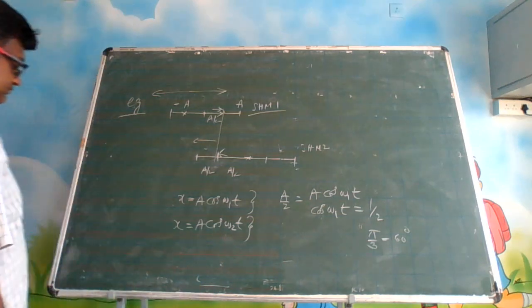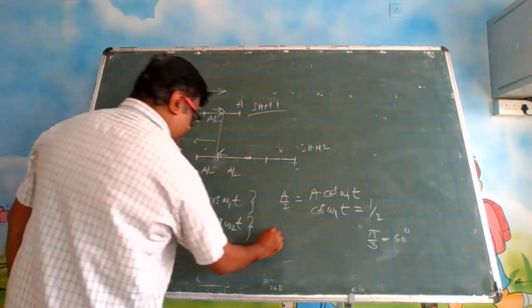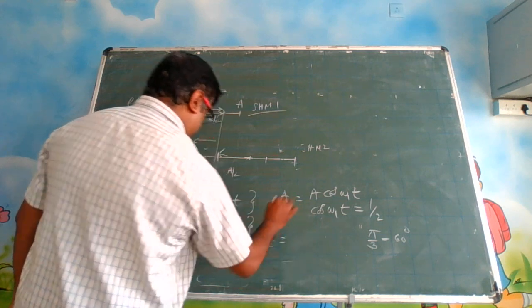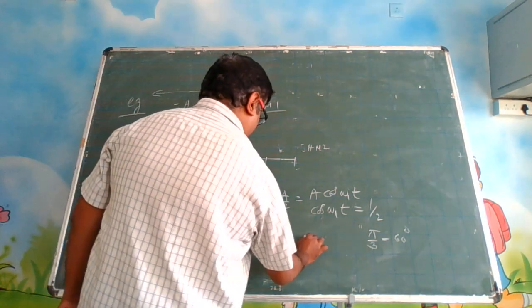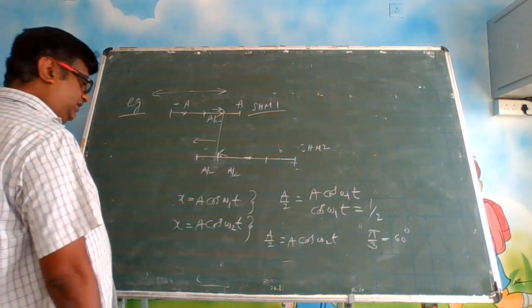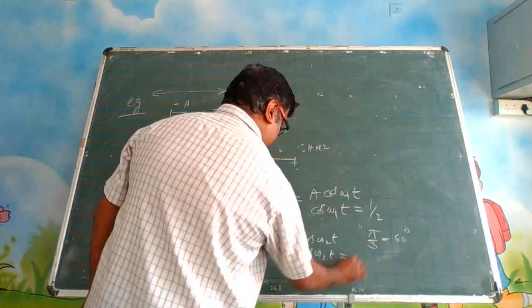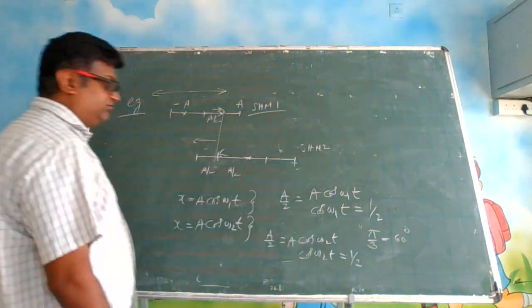Now coming to this, put x is equal to A by 2 in the second equation. You get A by 2 is equal to A into cos omega 2 t. Here also you are getting cos omega 2 t as half.